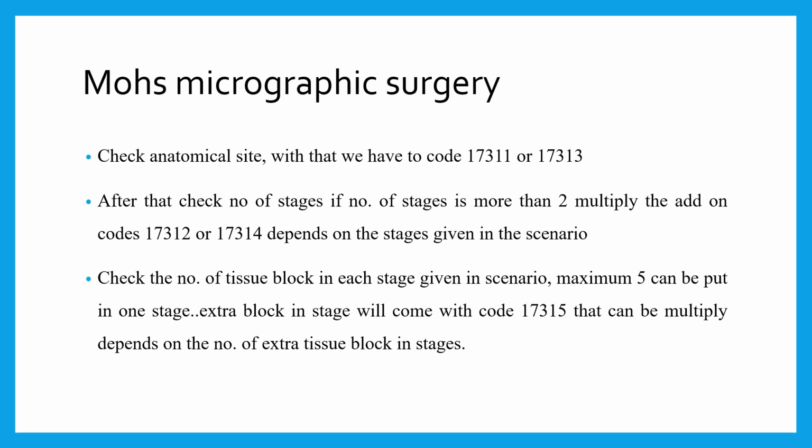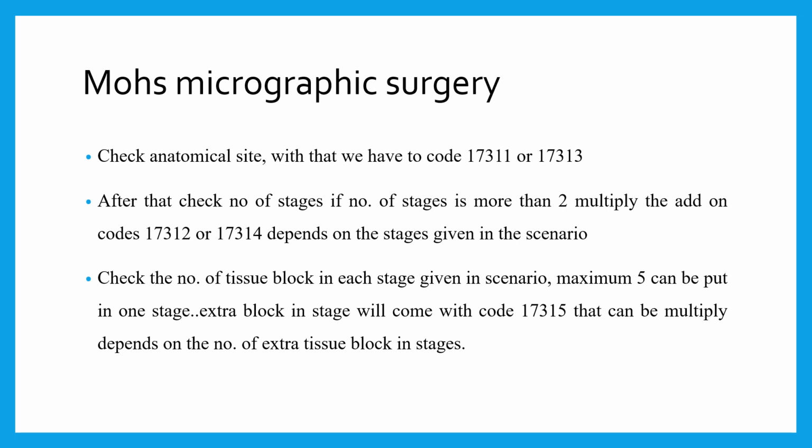So while coding a Mohs micrographic surgery question, check for the anatomical site. With that we have to code 17311 or 17313. Okay, just have an idea. I had attached an example in the upcoming slides.